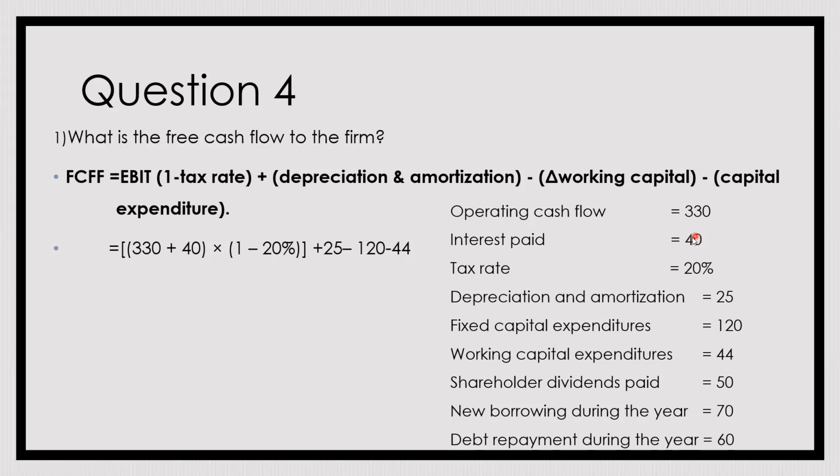So we have to add this 40 rupees to the operating cash flow. Then we can get the cash flow before interest. Then we are going to take the tax. So that is 20%. So now we can calculate this portion by doing the arithmetical calculation as shown.